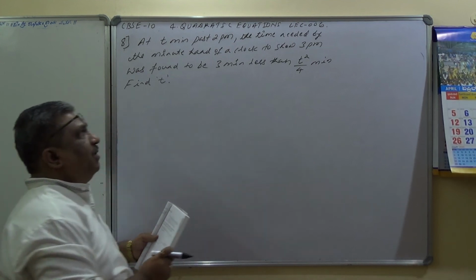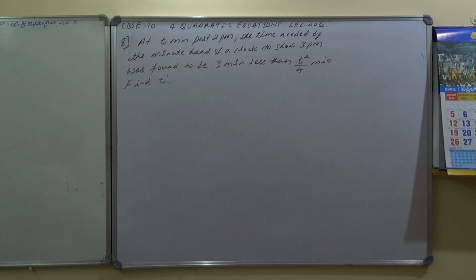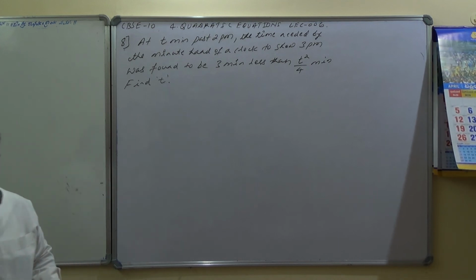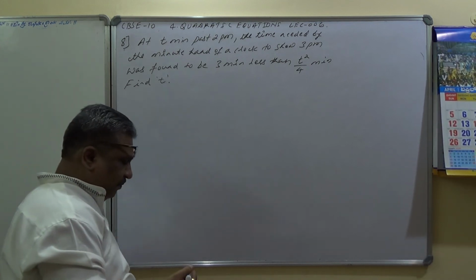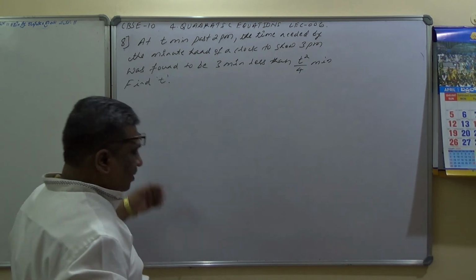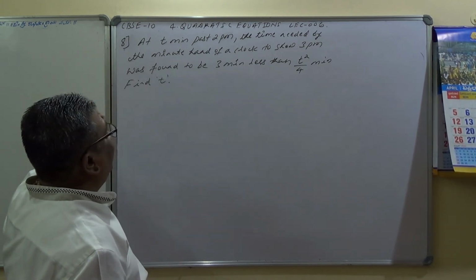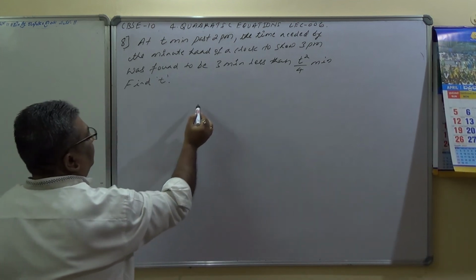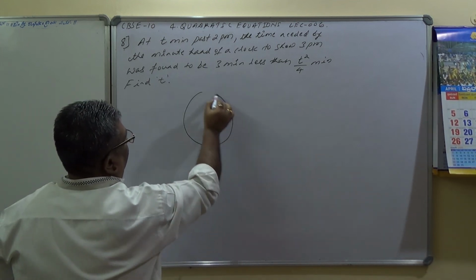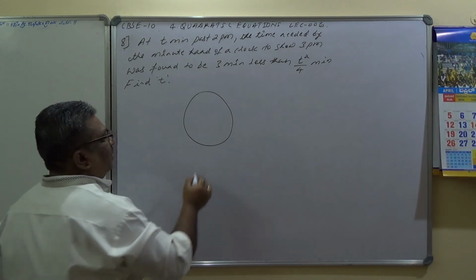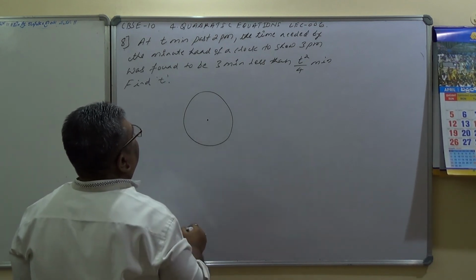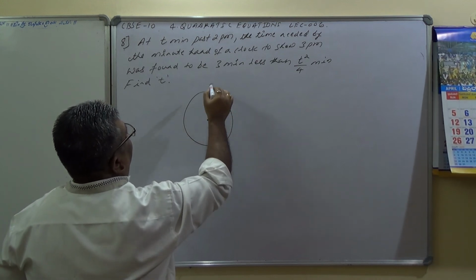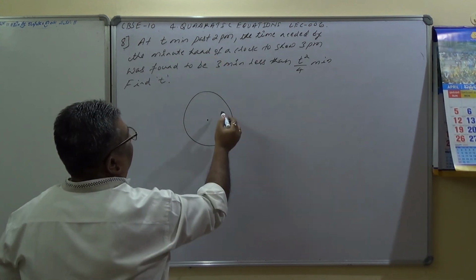This is the question given to you. So how do you solve this one now? See, the question is at t minutes past 2 p.m. Let me draw the diagram here. A clock. t minutes, I am talking about the minute hand.